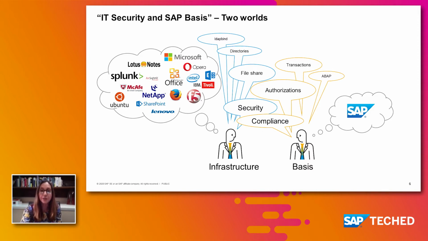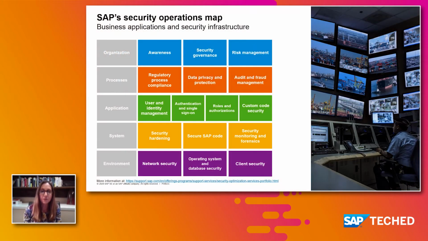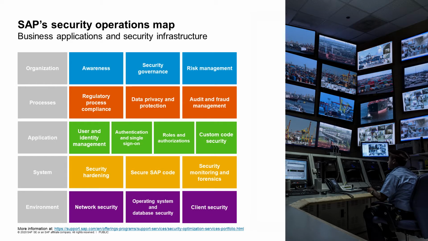Some of the other areas that are available from an SAP perspective to get you started are going to the support portal, which the link is at the bottom of the screen, and looking at the security operations map.